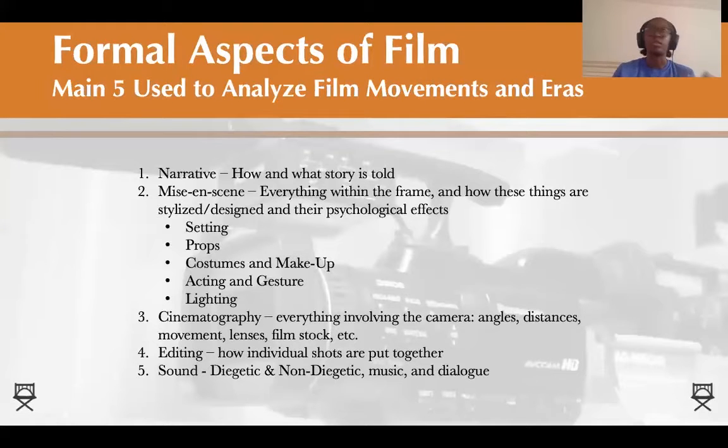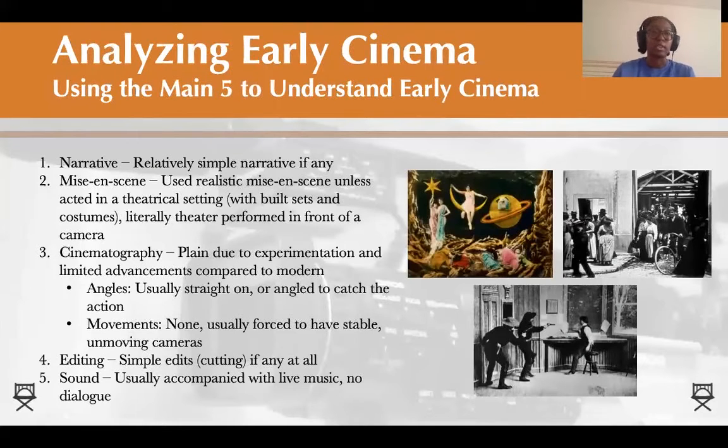Are there fades, are there dissolves, or are they just straight cuts? And then we have sound, which in a lot of early silent film is going to be accompanied sound. So there's not really a distinction between diegetic and non-diegetic, unless there are sound effects. But we're going to look at diegetic, non-diegetic, music, dialogue, etc. Okay, so let's begin by analyzing early cinema according to the main five aspects.